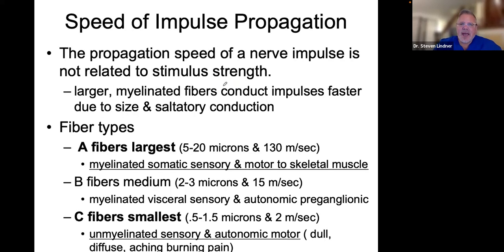If we look at the size or the diameter of the fibers, we'll see that A fibers, these are the largest, okay? These are also myelinated. The C fibers, these are the smallest, these are unmyelinated.